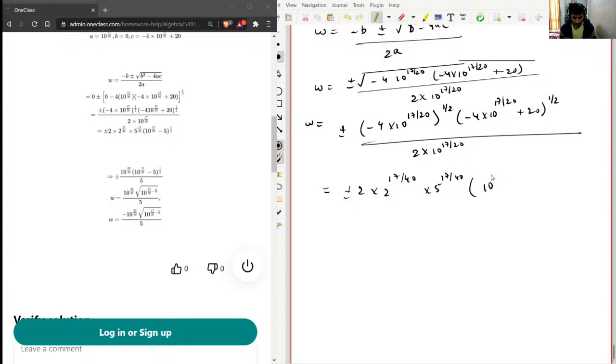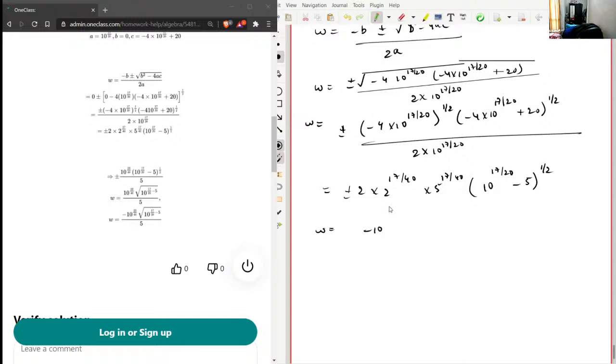this will be 10 power 17 over 20, and this will become, they have taken minus sign common, okay, so this will become 5, okay, yeah, so they have cancelled with this minus sign, okay, and this will be 1 by 2, and w will be, I'll just write the final answer because this question has some very basic manipulations, so it is acceptable.